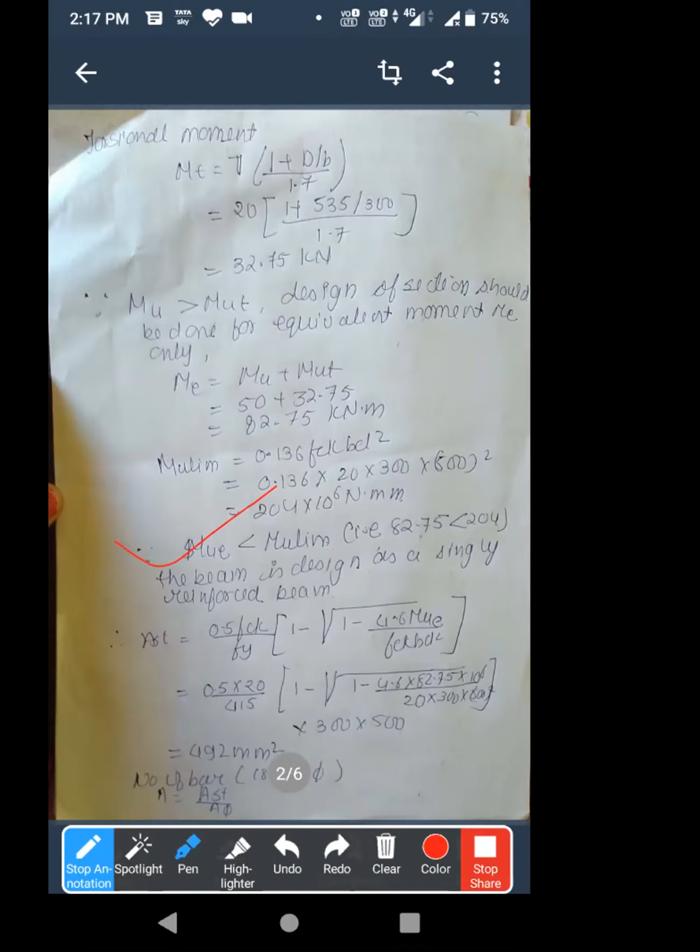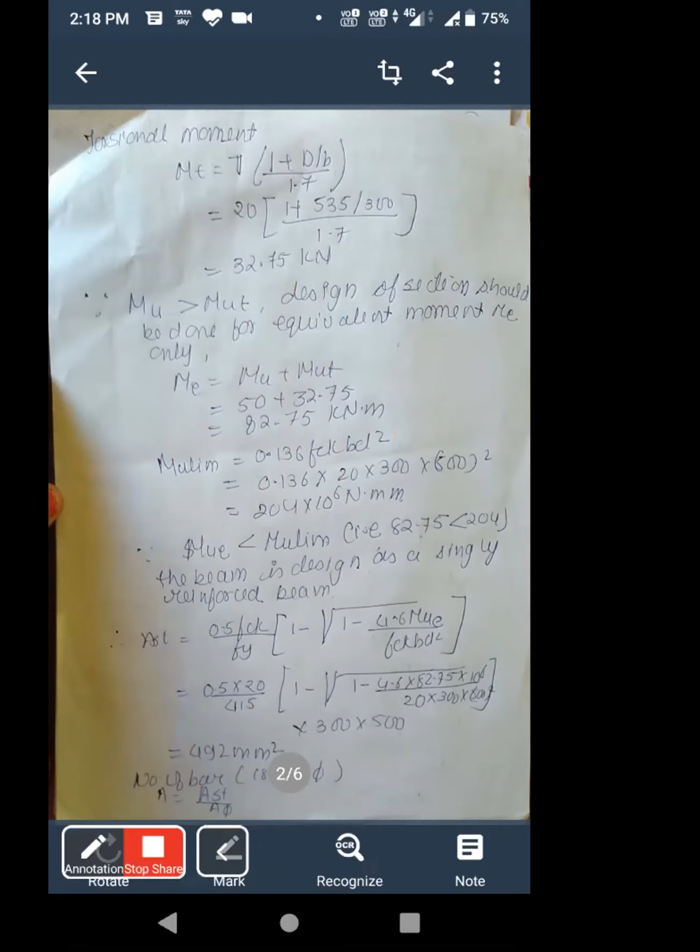formula of Ast, it is 0.5 fck upon fy in bracket 1 minus root of 1 minus 4.6 into ... is 492 mm square. Now you have to calculate the number of bars. If you are using 18 mm diameter bars, the formula for the number of bars is n equal to Ast upon A bar.